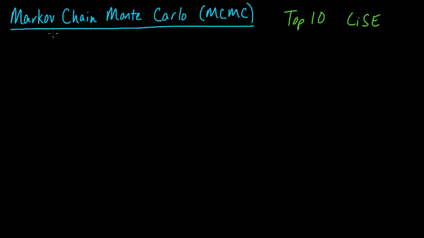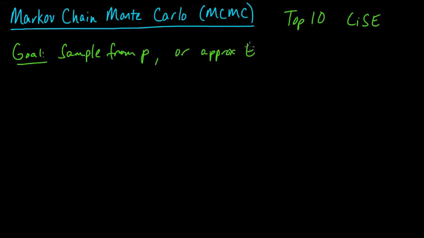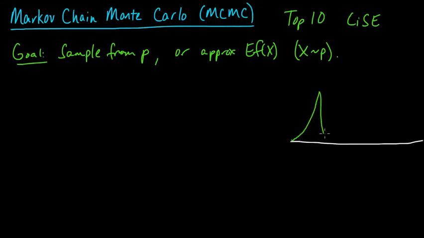So the goal of MCMC, as I was just mentioning, is that we want to sample from some distribution P or approximate an expected value, an expectation, E of f of x, for some function f, which might be a very complicated function, where x is distributed according to some complicated distribution P. So the picture is we have maybe this is our P, and it's some super complicated probability distribution.